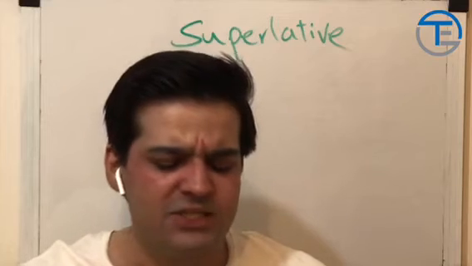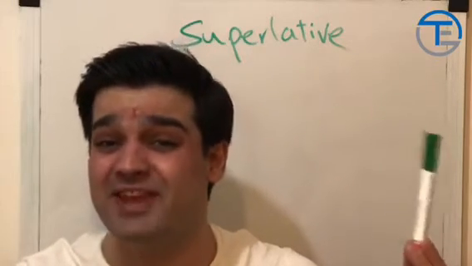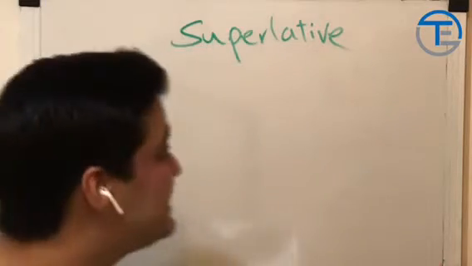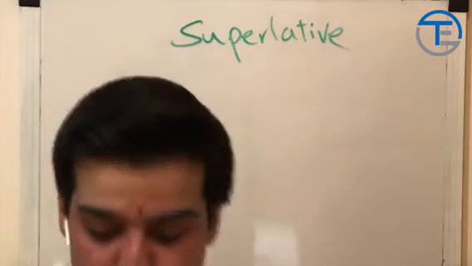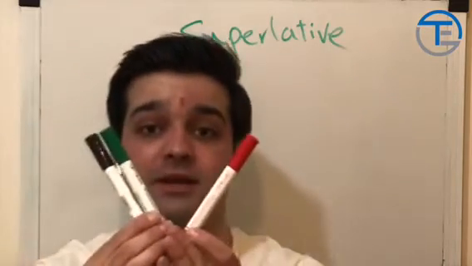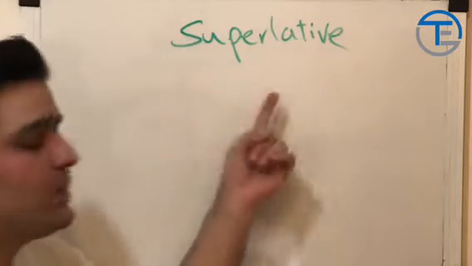In comparative adjectives, we talk about the differences between two things or two people. But in superlative adjectives, we're talking about more than two, for example 3 things, when you want to compare them and use a superlative adjective.